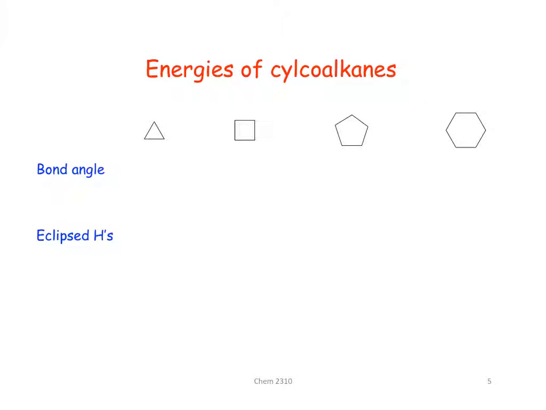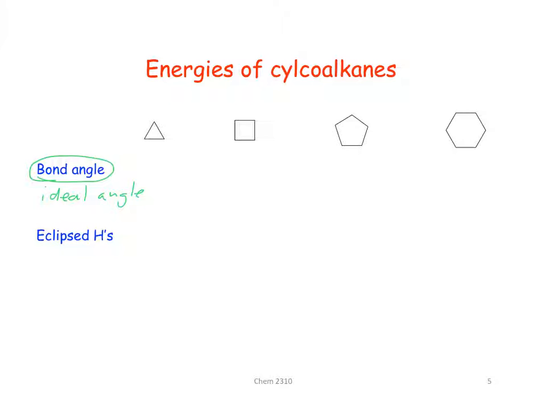So let's start to think about the stabilities of these different sizes of rings. Okay, so we have a couple of things that we can consider. One is called the bond angle. This is the ideal angle depending upon the hybridization.